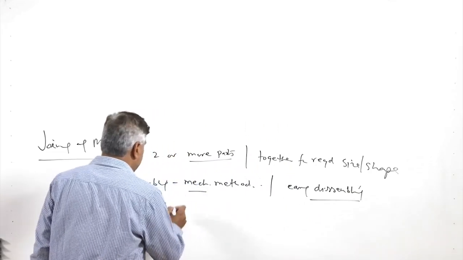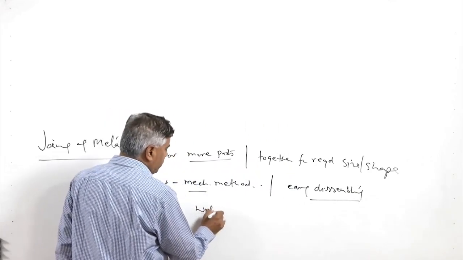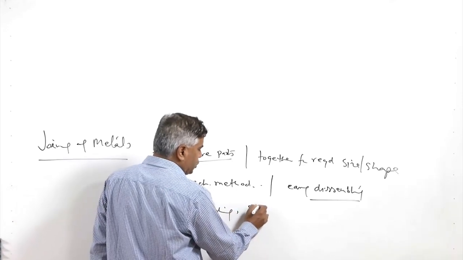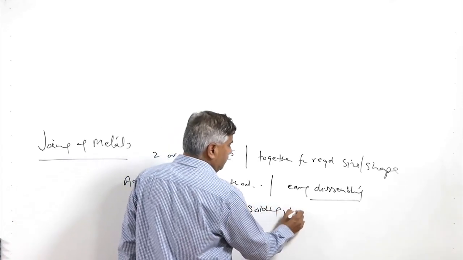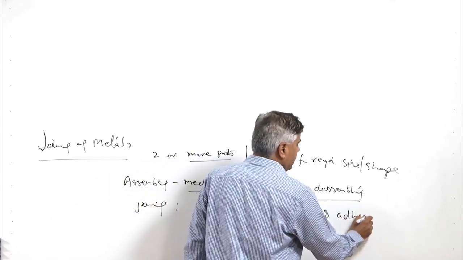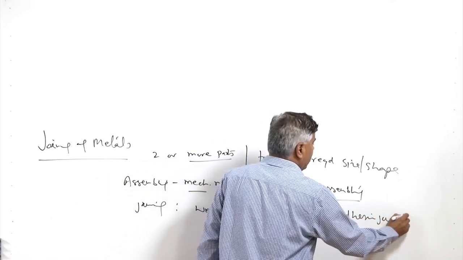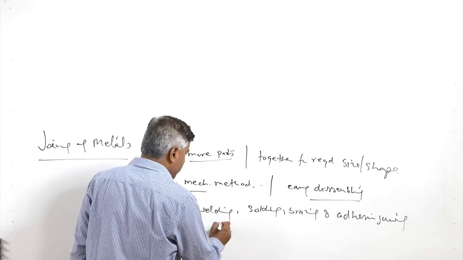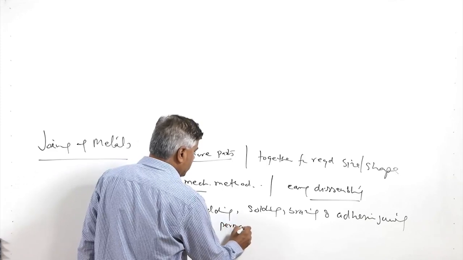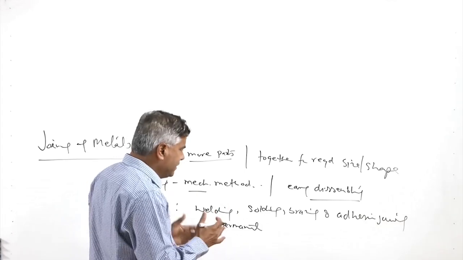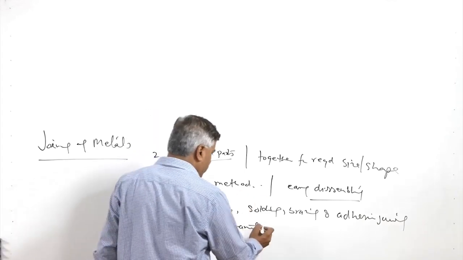On the other hand, joining basically involves processes like welding, soldering, brazing and adhesive joining. So, most of these joints are permanent in nature, although if suppression is needed, then joints need to be broken.